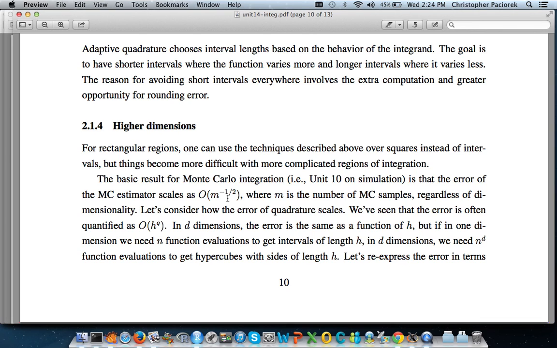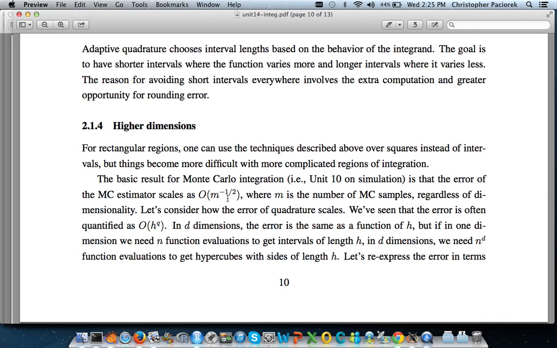So what did we work out when we were talking in the simulation unit about Monte Carlo integration? We said we had this estimator, 1 over m times the sum of h of xi from i equals 1 to m, where we had drawn xi from some density f of x. And we said this was a Monte Carlo estimator of the expected value under the density f of the function h of x.